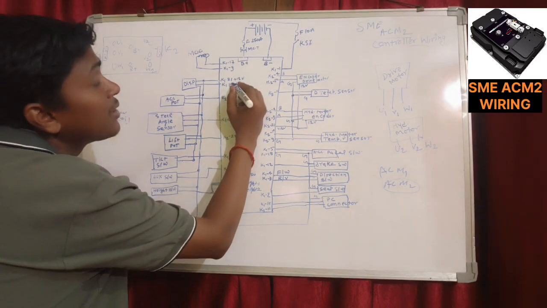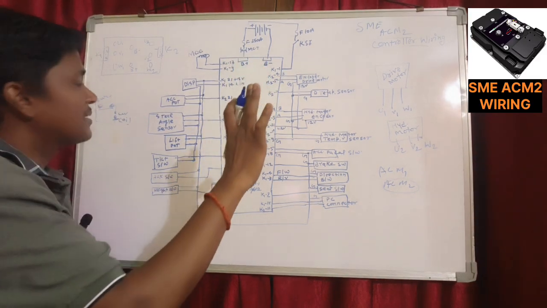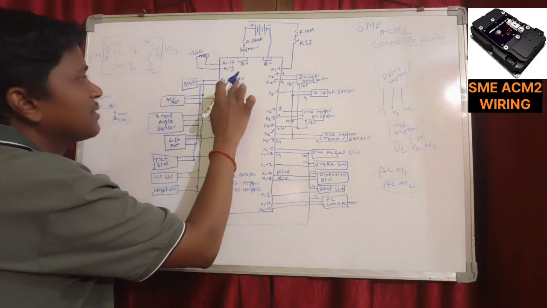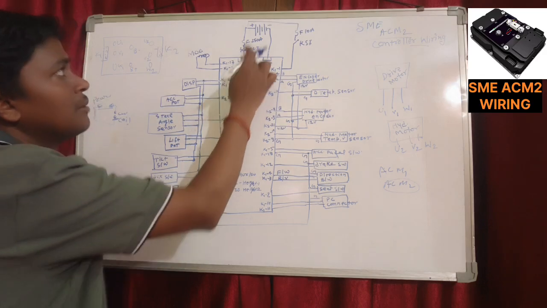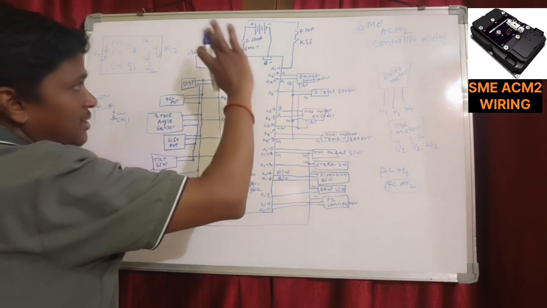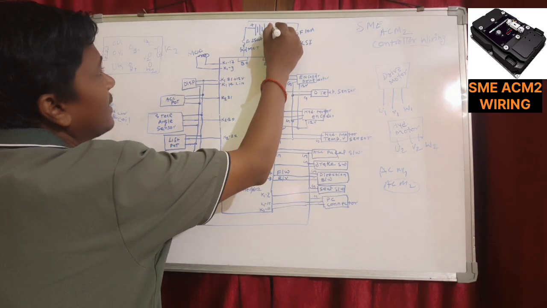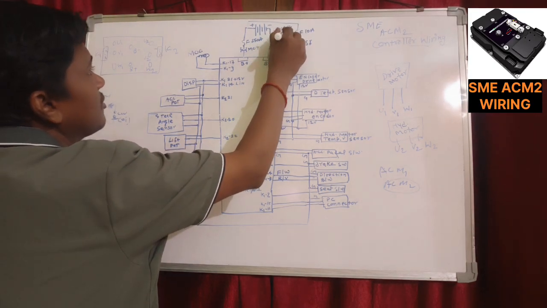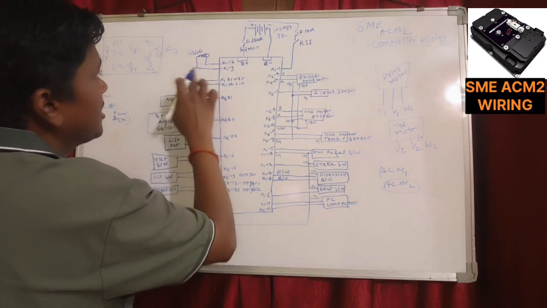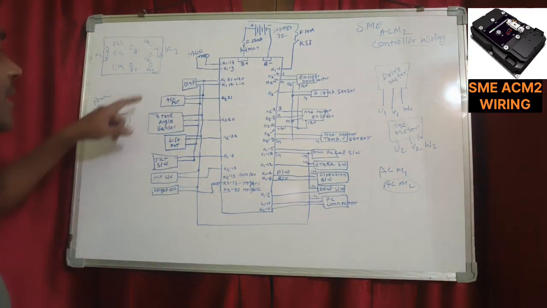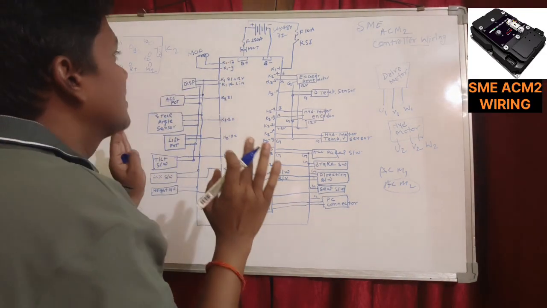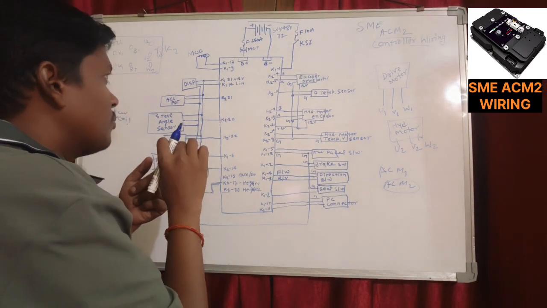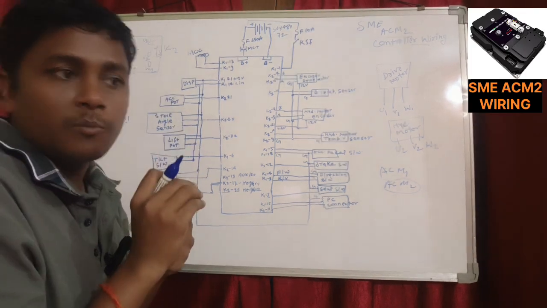We take 12 volt from K121 because the battery of this controller is 36 volt, 48 volt or 72 volt, but the display requires only 12 volt. This controller has both a 12 volt output and a 5 volt output on the communication connection.